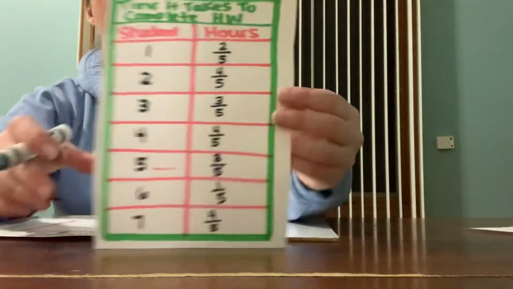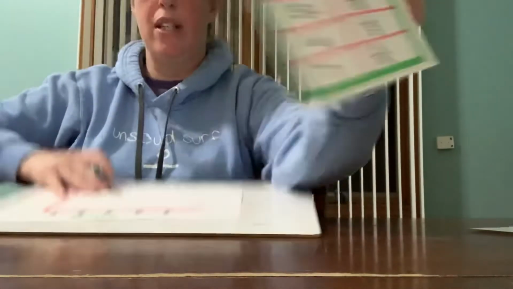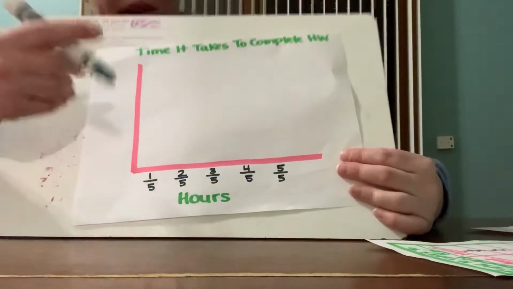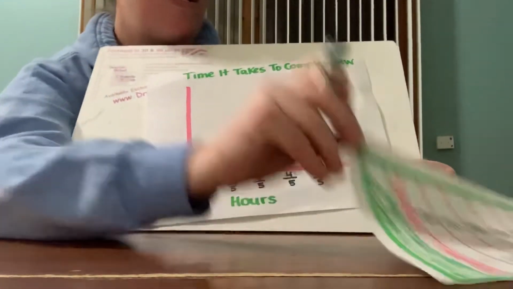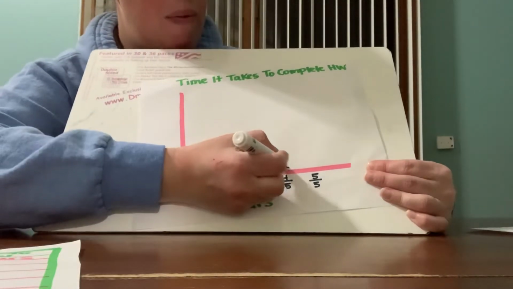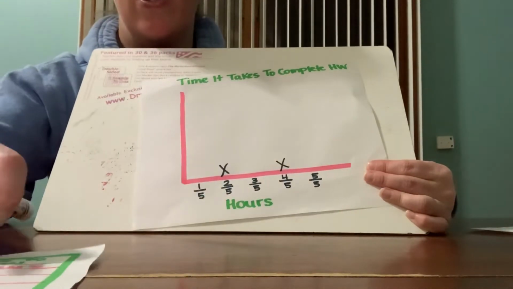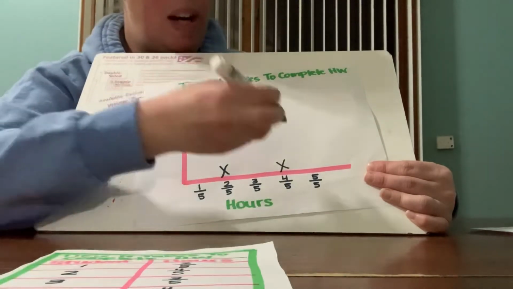So, student 1, how many hours did it take you? 2/5 of an hour. So I'm going to come to my chart and put an X on 2/5. Student 2 took 4/5 of an hour. Student 3 took 3/5 of an hour.